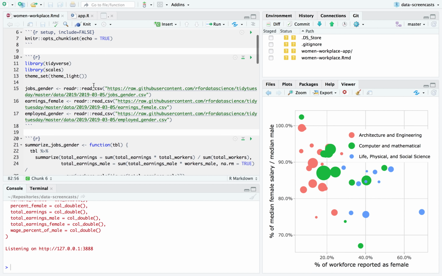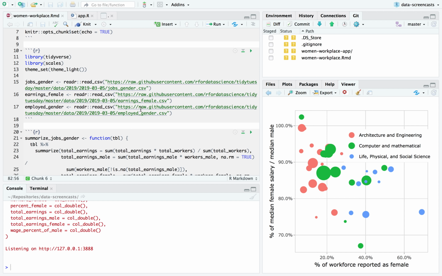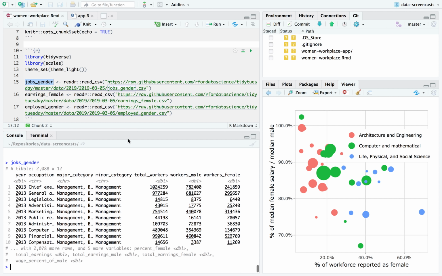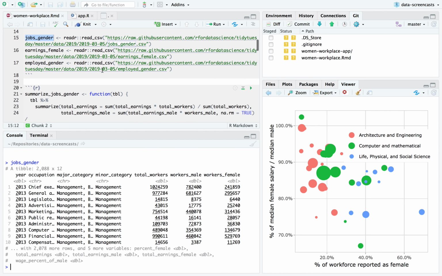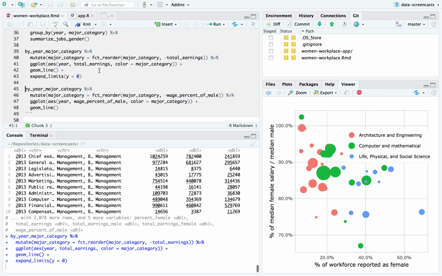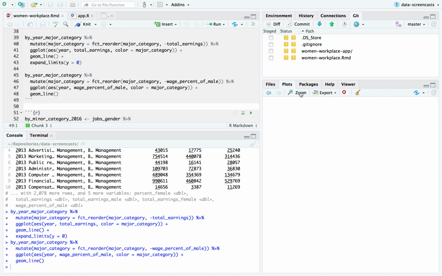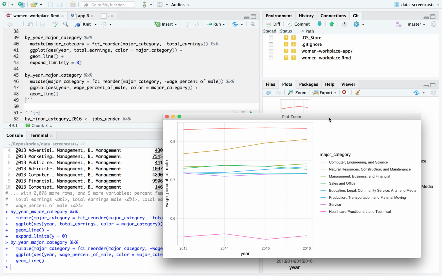Okay, so to review, there were a couple data sets, but I actually only looked at the jobs gender data set, which had, let me see, it was about 500 different jobs spread across about 8 different major categories. It looked across a couple years, and I looked a little bit at changes over time, both in terms of overall salary and in terms of the wage percent male.